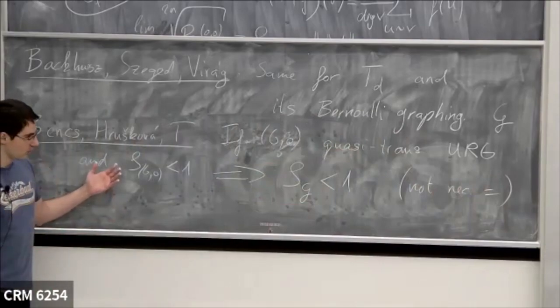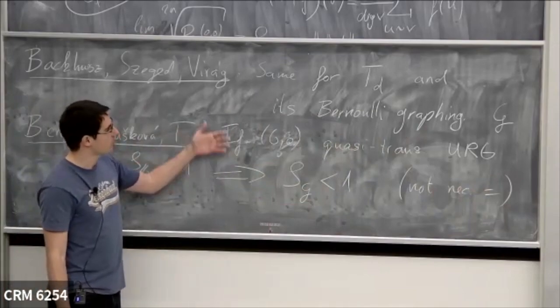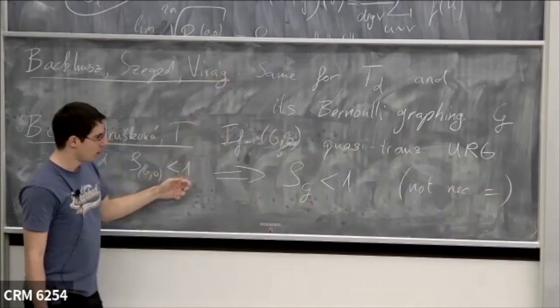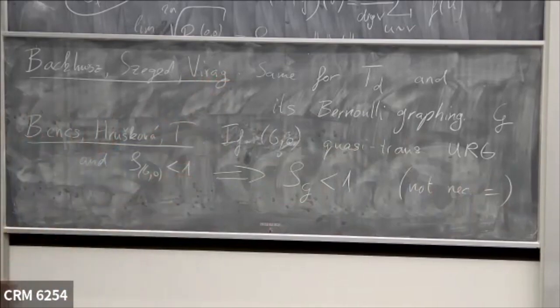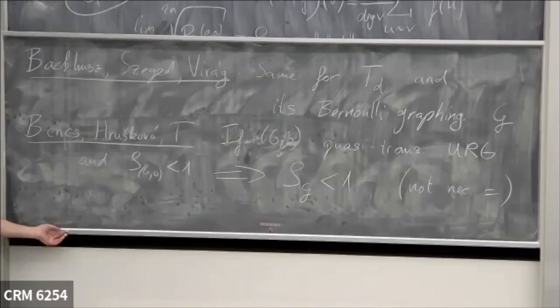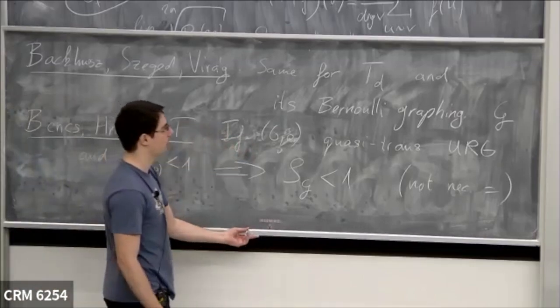At the time this was a non-obvious generalization of this reasoning, and we needed it for a very specific reason, to show some perfect matching thing. But it made us ask the question in this paper: whether this is true for any unimodular random rooted graph. It's very natural to ask.